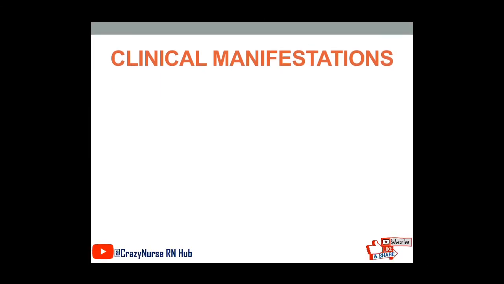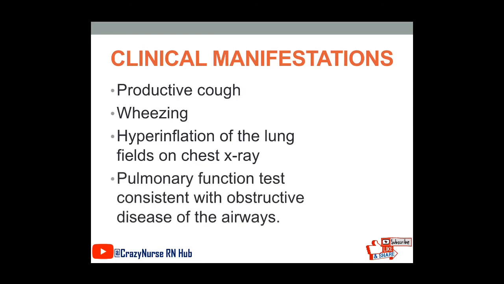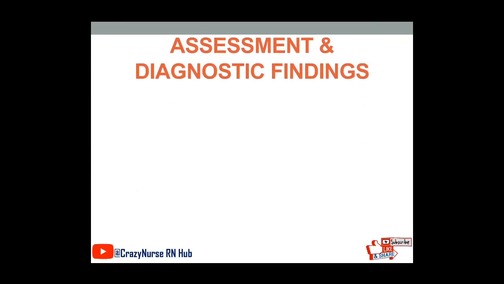For the clinical manifestations, we have productive cough, wheezing, hyperinflation of the lung fields on chest X-ray, and pulmonary function tests consistent with obstructive disease of the airway. Now let's have the assessment and diagnostic findings.